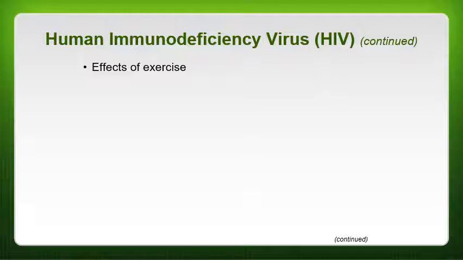Aerobic exercise does improve fitness and reduces body fat. For instance, if they're doing that highly active antiretroviral therapy, it would be important for them to do aerobic exercise to minimize possible cardiovascular side effects from that. So that could definitely improve that.